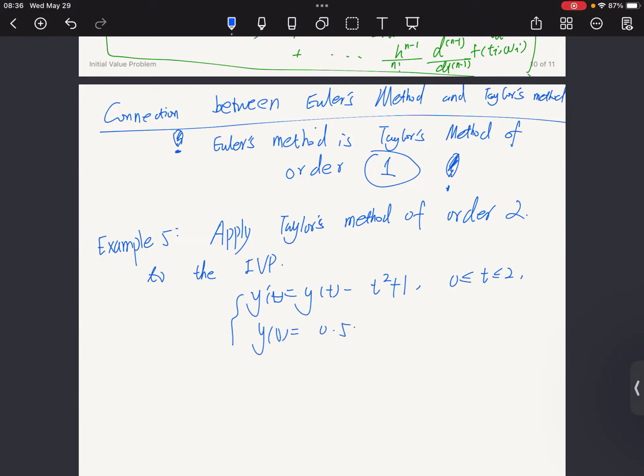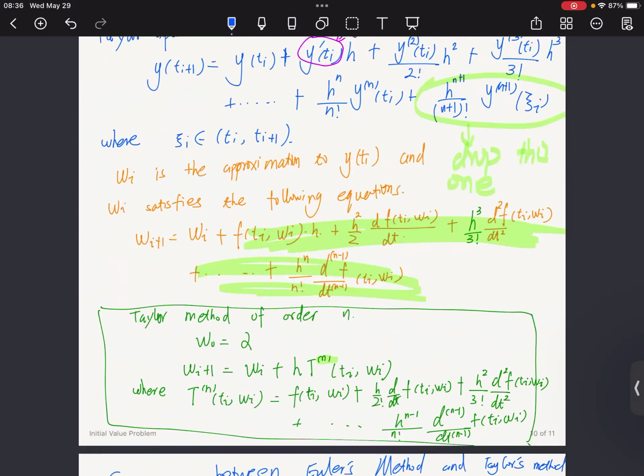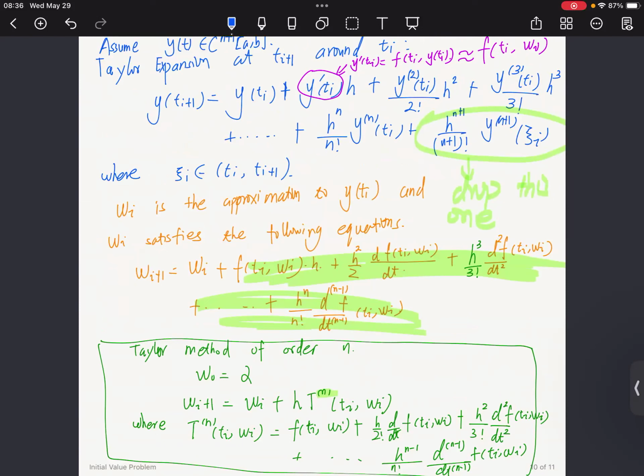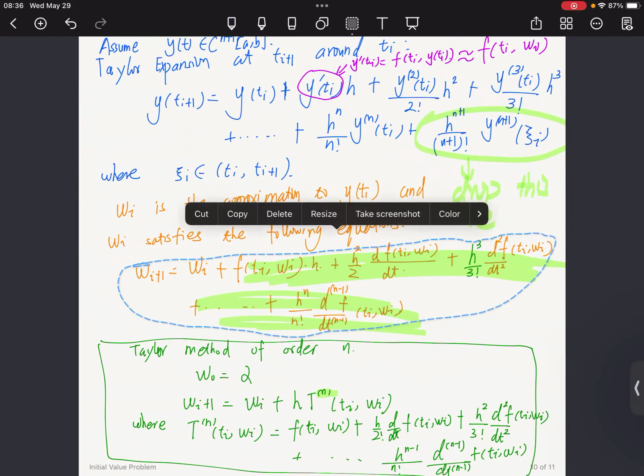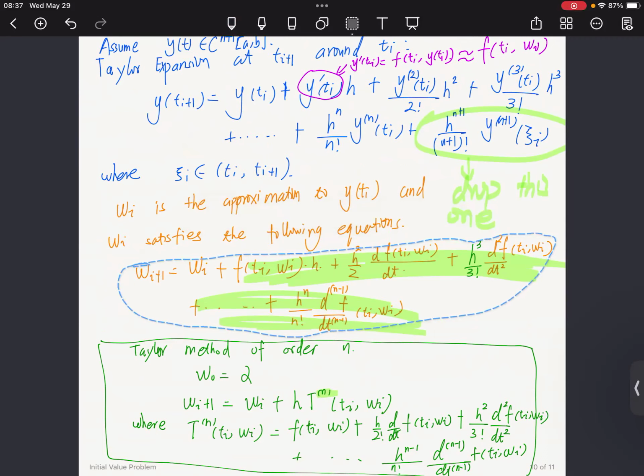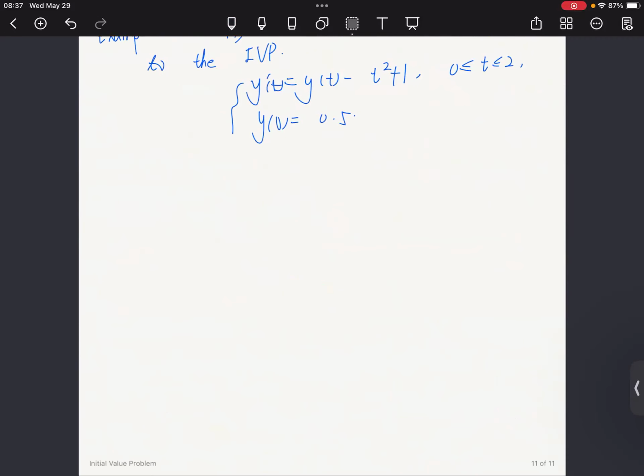Let's go back to what we have here. This is the general format, and then we have w_{i+1} equals w_i, plus all the way to there. So I'm going to copy down this formula, and we want order 2, so we should have h squared here.